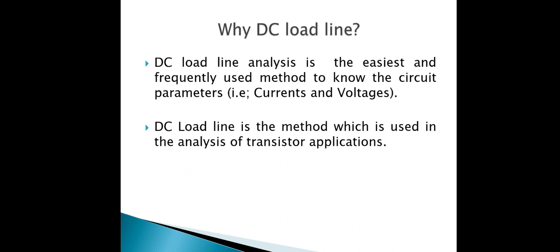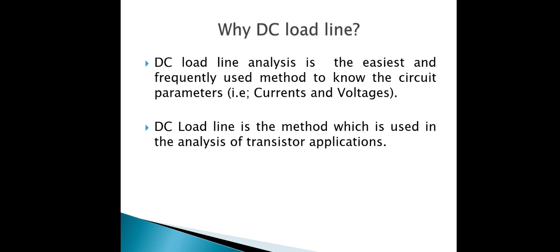I repeat, it is called a DC load line because it is a line drawn when a load is applied to the transistor circuit on the output characteristics, and that too when the DC conditions are prevailing, or when no signal is applied.